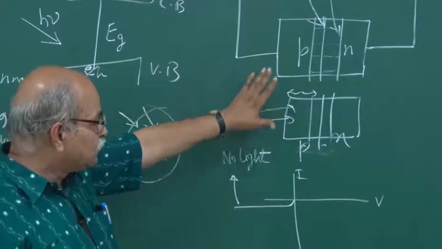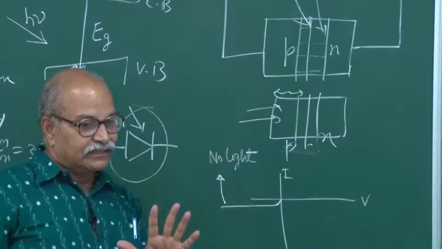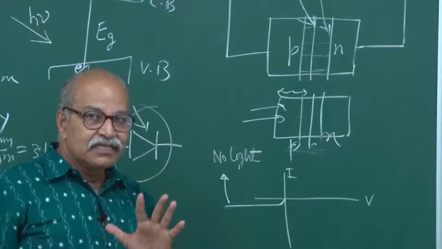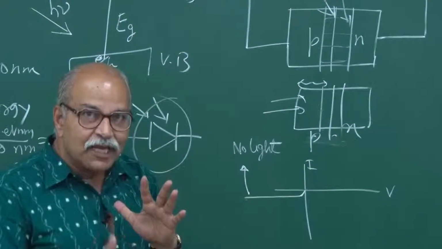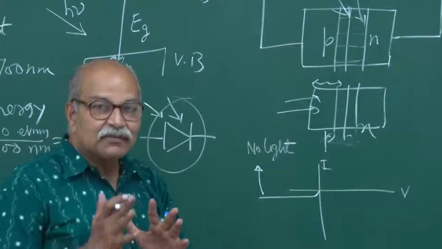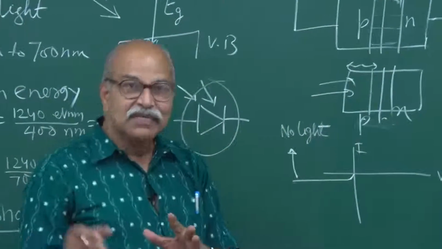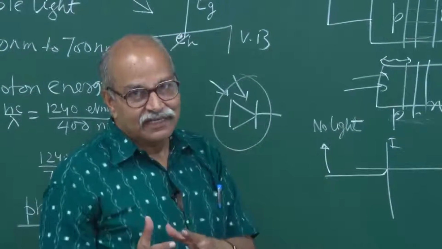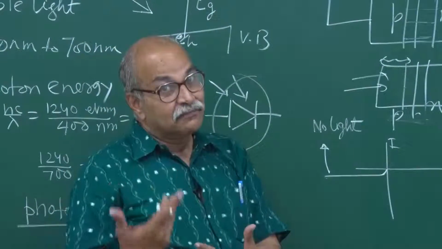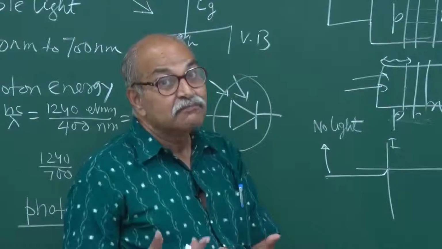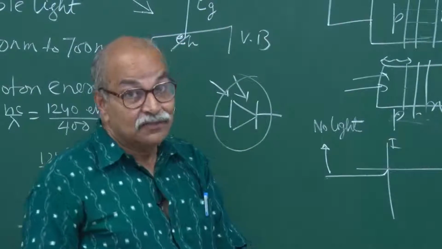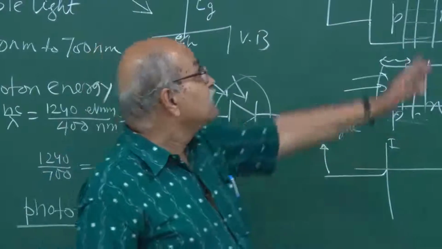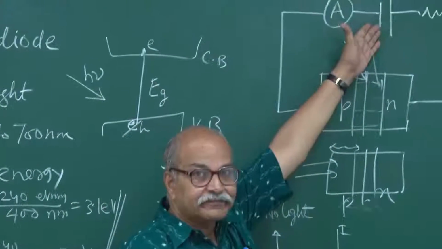So, if you shine light of a certain intensity, and certain intensity means certain energy falling per unit area, that means a certain number of photons depending on the wavelength falling on that area, and therefore a certain number of extra electron holes being produced, and this is in reverse bias.